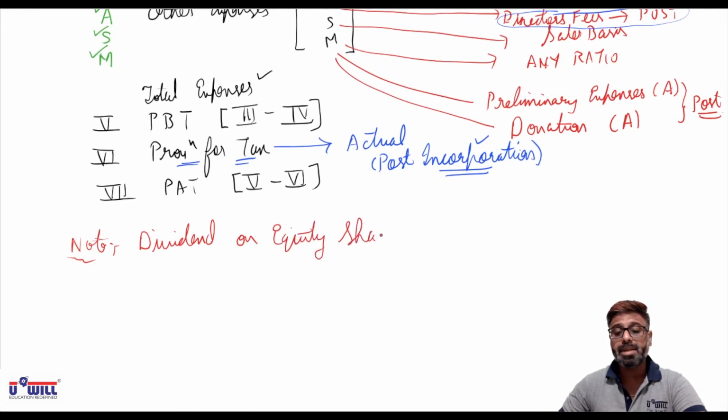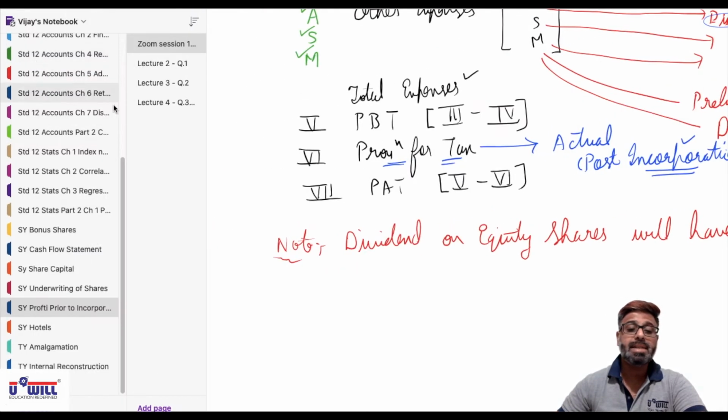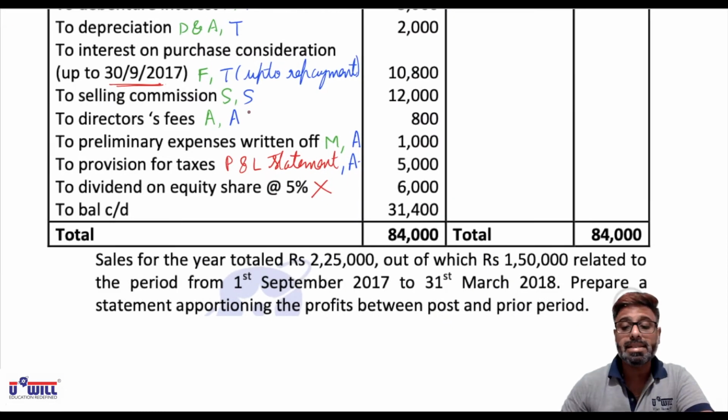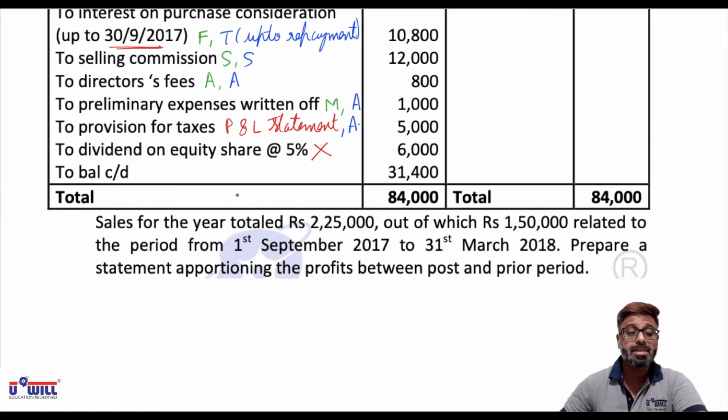What is this statement of retained earnings? You'll study it in detail in semester 4 of your syllabus. Balance carried down is the net profit, but ignore that. We'll be finding the net profit on our own.